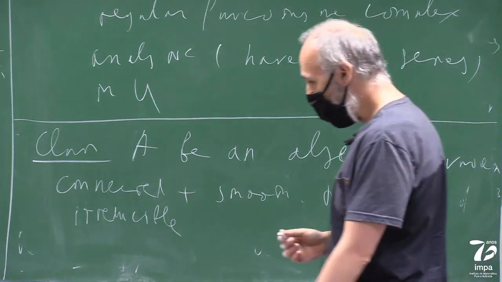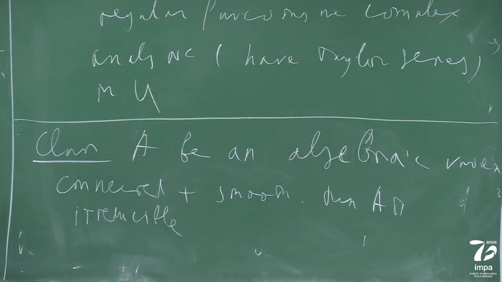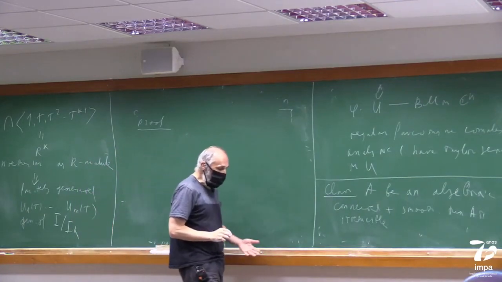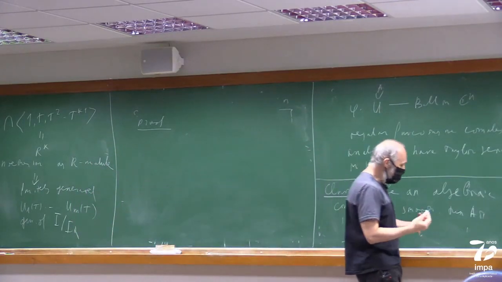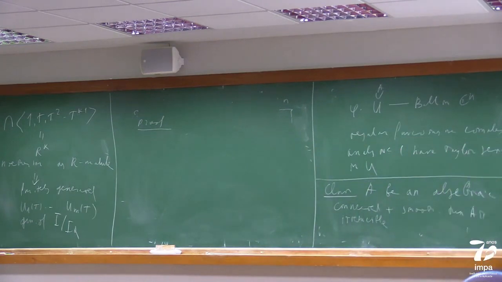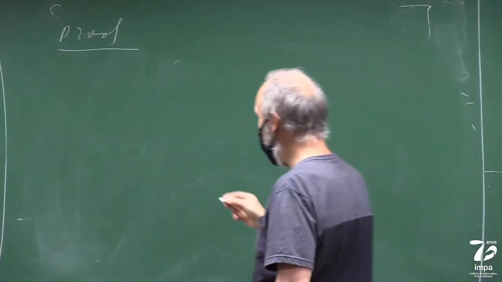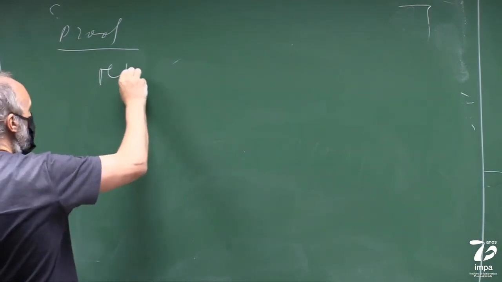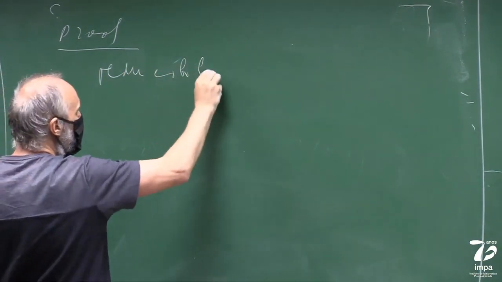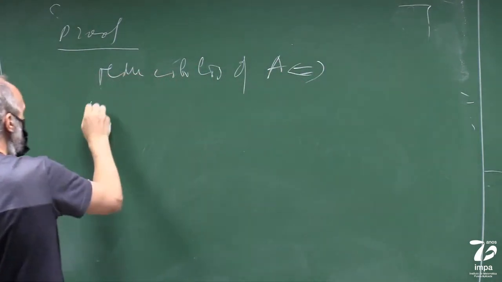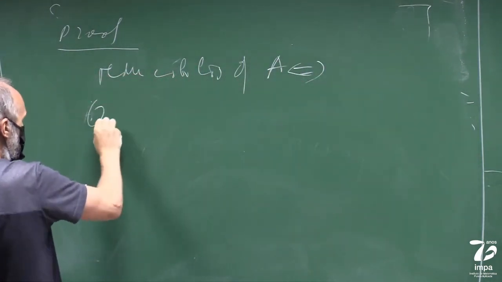You need the analytic continuation principle. What we know is that if it is reducible, you would have two regular functions which multiply to 0. So reducibility of A is equivalent to A having zero divisors.